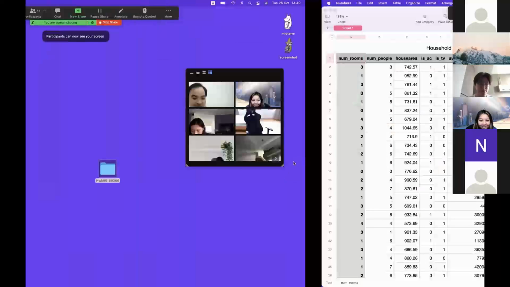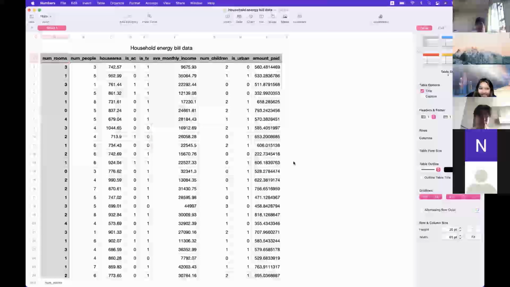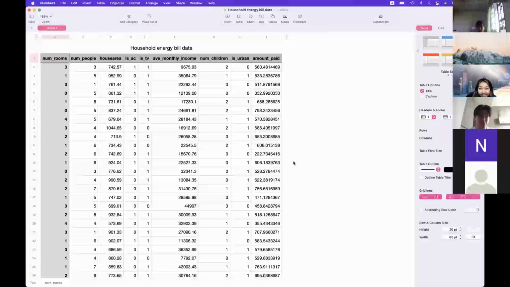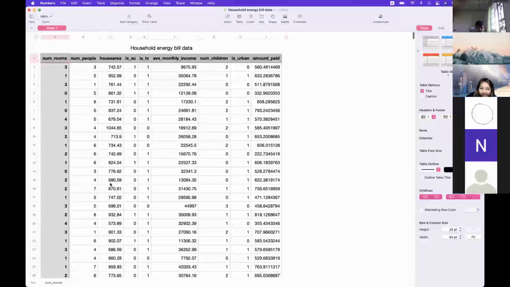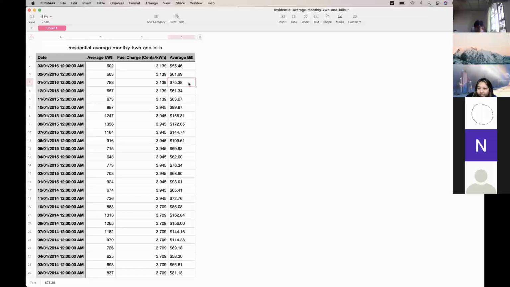Oh, okay, this one. My project is to predict the electricity bill for the next month for users to reduce maintenance costs. Yes, it's my data. First, I used this data, but it's from just one household, for each month of their usage.